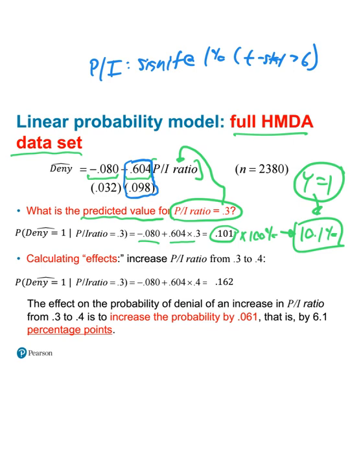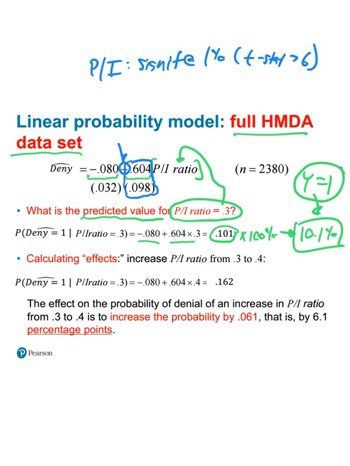Now, because it's a significant variable, this suggests that individuals that have a higher PI ratio, since this is a positive sign, or at least it should be, are going to have a significantly increased likelihood of being denied that mortgage loan. Now, in addition to calculating predicted values of our dependent variable, we can also say, well, how does our dependent variable change when our independent variable changes?